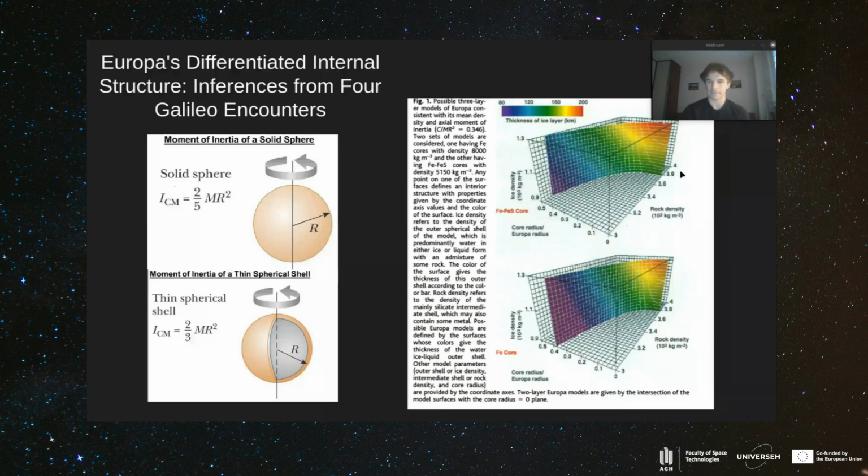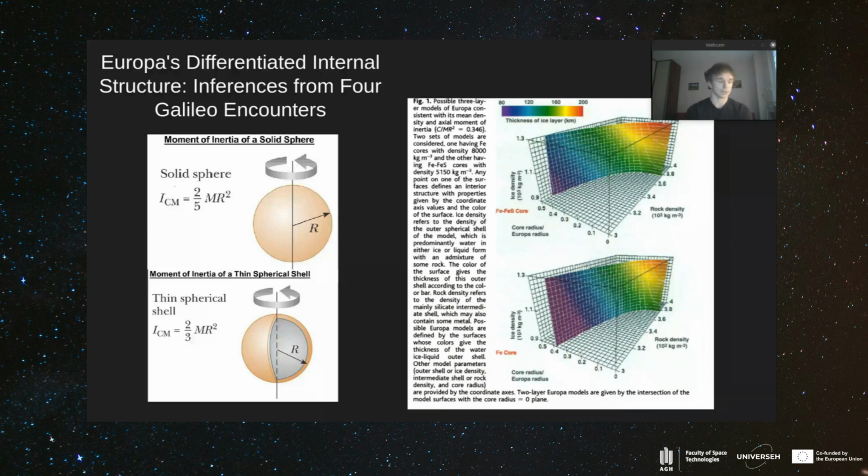We have three dimensions: rock density, the ratio of rock radius to Europa radius, core radius to Europa radius, and we have ice density. Ice is here considered both as water and ice, the liquid and ice, because they have a similar density, around 1.0. Ice is a little smaller, I think 8% smaller.